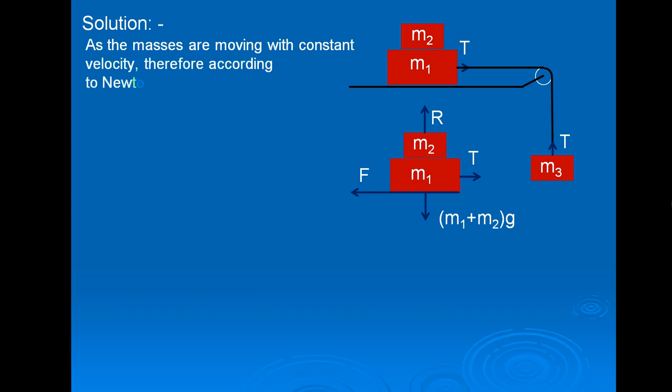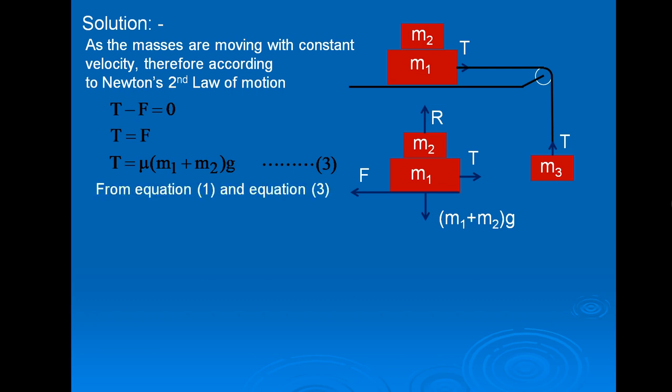As the masses are moving with constant velocity, according to Newton's second law of motion, capital T minus F is equal to 0, that is, the net force acting on the system is 0. So T is equal to F. Putting the value of F, T is equal to mu into m1 plus m2 into g. Let it be equation number 3.